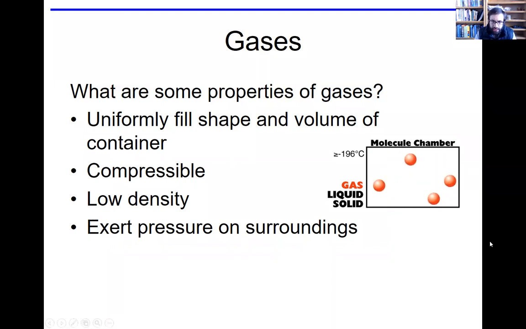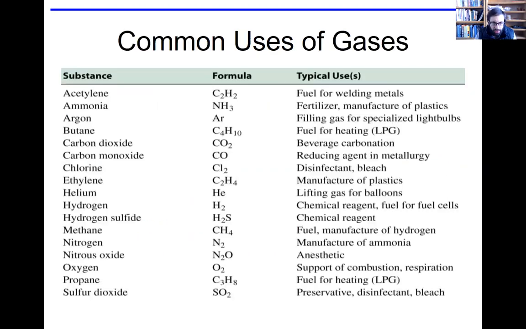So you can see in this container, these gas molecules are bouncing around, constantly in motion. Every time a molecule hits the wall of the container, that exerts some pressure. And so the total pressure is just the summation of all these different gas particles exerting pressure on the walls of the container. We'll talk a lot about that.